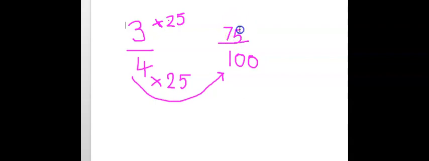So every time you have 75 out of 100, you have 75%, and that's what a percent looks like, because we've changed the 3/4 to be hundreds and we get 75%. Now, the great thing is you can convert any fraction to 100s.